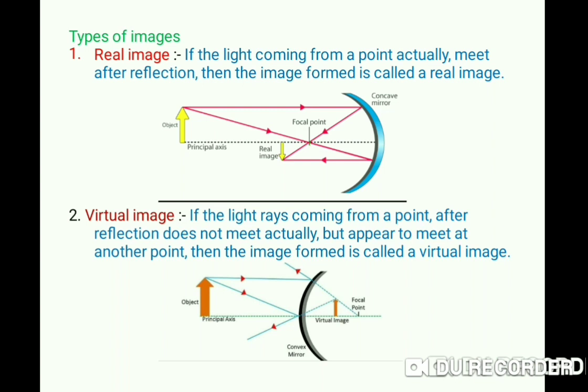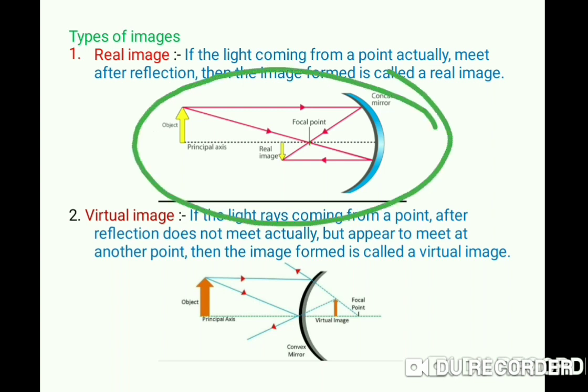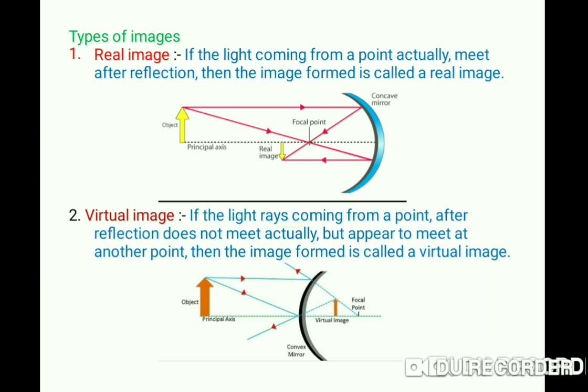See in the diagram, there is an object. A ray comes parallel to the principal axis, strikes the mirror, and after reflection it will go to the one point, focus, in that manner.